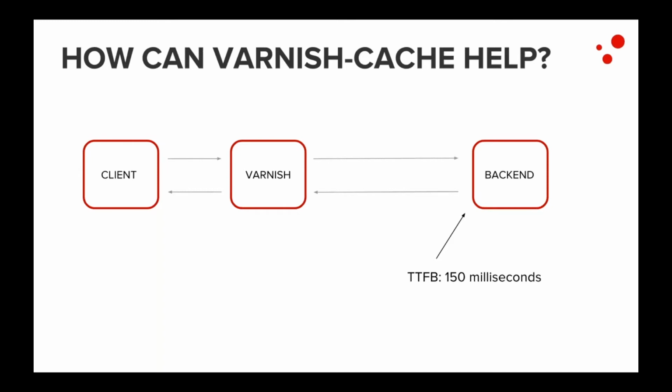While if the client issues a request, and this request is actually fulfilled by Varnish, that time to first byte is reduced to 30 microseconds. So that's the assumption we're going to have for today. You need to have caching in place somewhere in your architecture. And then, of course, I'm going to introduce three other features which will help to improve your mobile delivery.